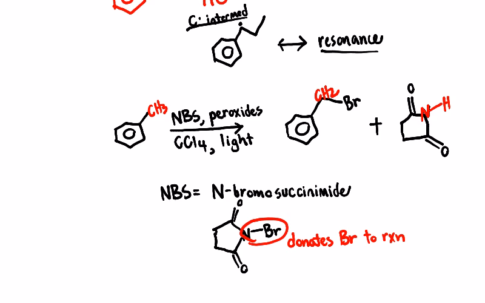So the N-bromosuccinimide at the end of the reaction has lost its bromine group there. So that's going to be our free radical halogenation reaction, the second type of reaction that we can talk about at the benzylic position, in addition to what we talked about earlier, which was the nucleophilic substitution reactions.